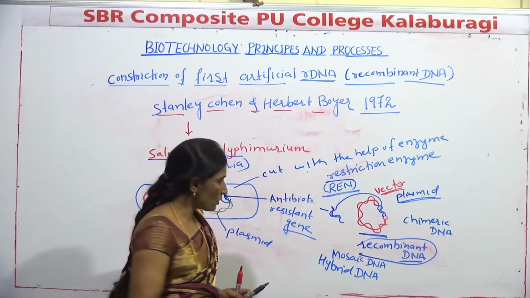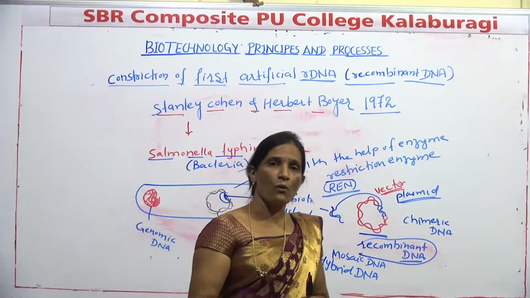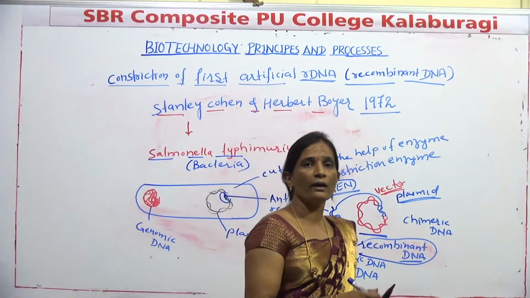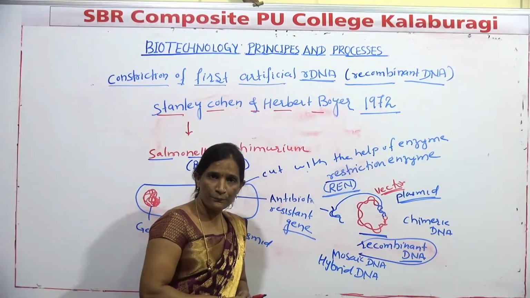Is it clear? So this DNA is called recombinant, chimeric, mosaic or hybrid DNA.